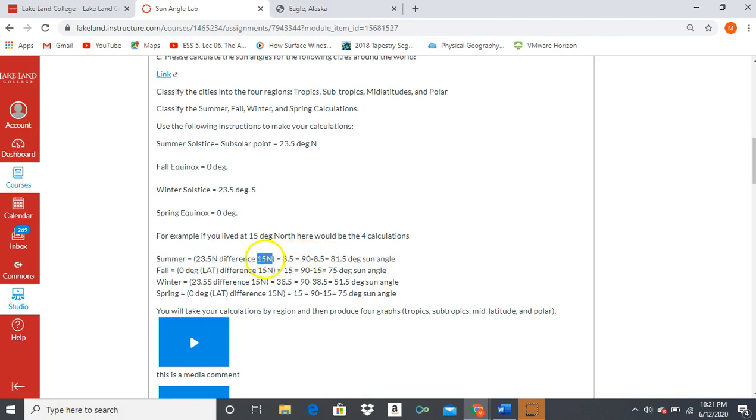So there's 8.5 degrees separating 23.5 degrees north from 15 degrees north, and you would just take 8.5 and subtract it from 90, and you would say the sun angle at 15 degrees north would be 81.5.